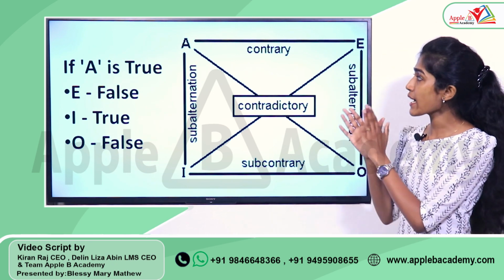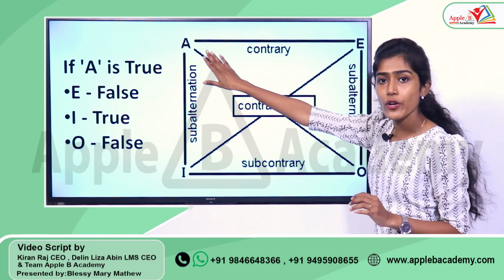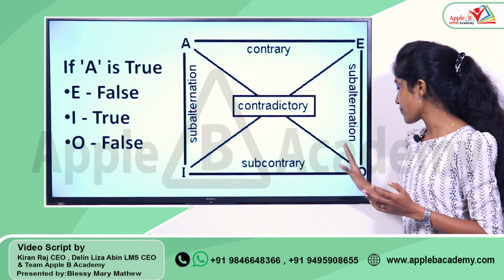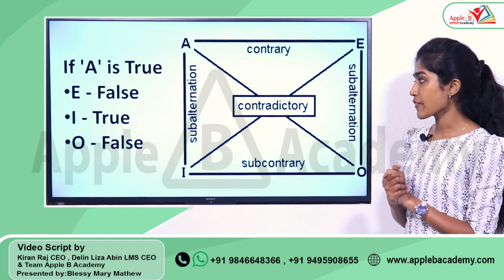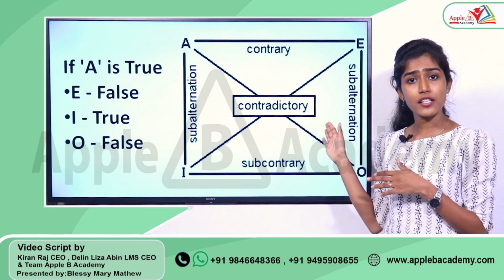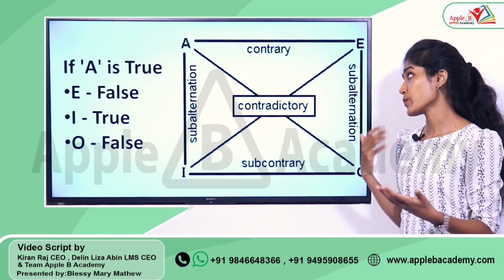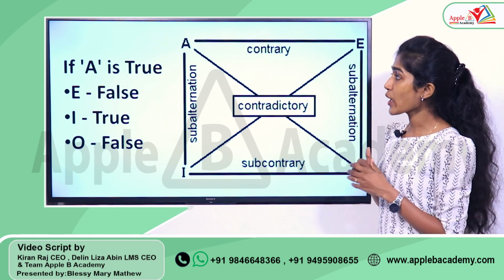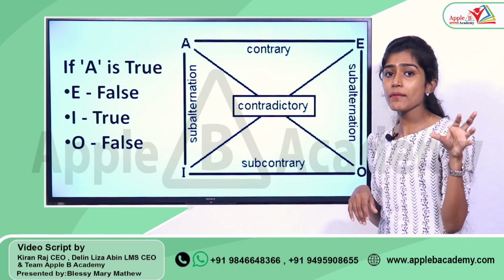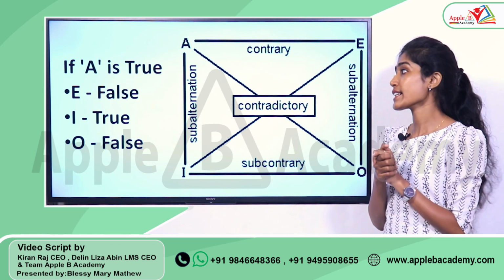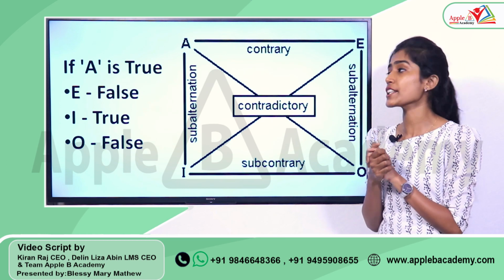If you consider the square of opposition, we have universal affirmative, universal negative, then particular affirmative and particular negative propositions given here. Basically, the square of opposition is a diagram that represents the relationship between these various propositions. Here in the match the following set, in option A, they have given us that if A is true, that is our condition.